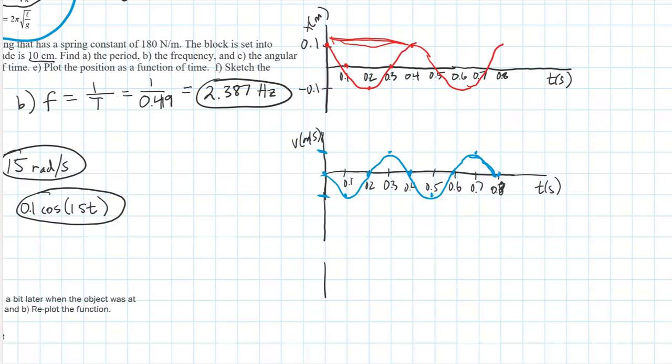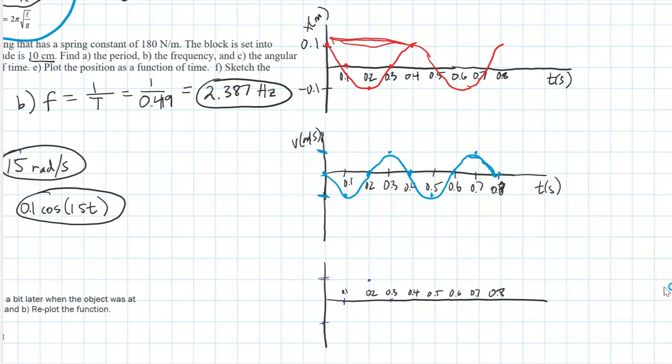Lastly, let's sketch our acceleration as a function of time. We still want to do that same scale. Now, when the position is at a positive maximum, the acceleration is at its negative maximum. So the acceleration function is going to start out here, and then after 0.1 second, it's going to be 0. After 0.2 seconds, it's going to be at its positive maximum.